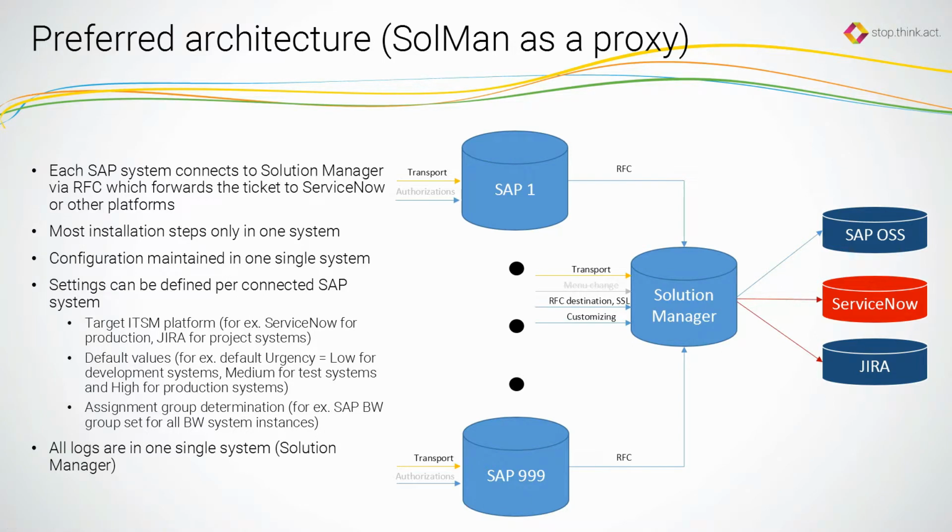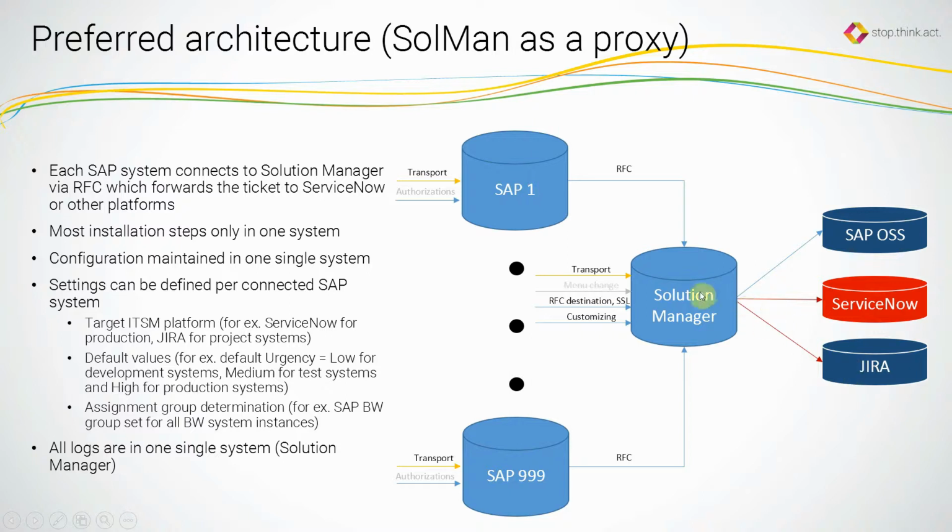This also has some benefits, like you can set up a configuration to send the tickets to different systems based on what SAP system the error occurred in. So maybe all your production instances will send the tickets to ServiceNow, and all your other project-related instances will send the ticket to Jira.